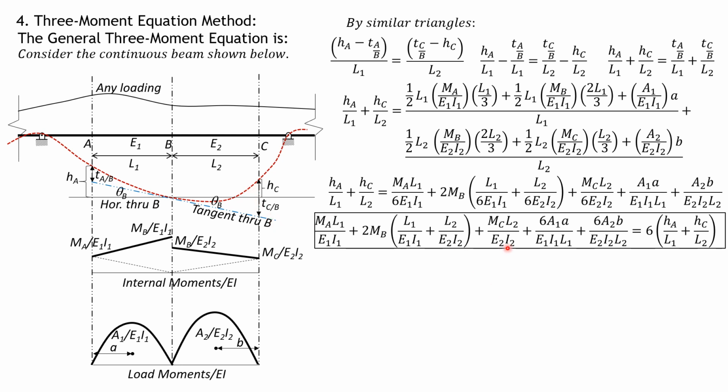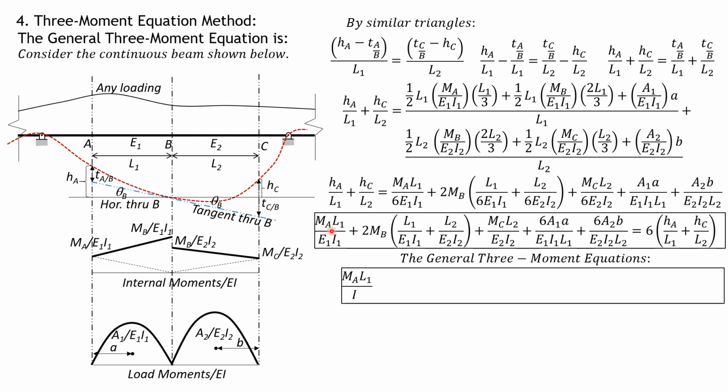So if we multiply everything by E1, which is equal to E2, which we call in general E, the three-moment equation reduces to, for the case E1 equals E2, MA L1 over I1 plus 2MB times the quantity L1 over I1 plus L2 over I2 plus MC L2 over I2 plus 6 A1 A over I1 L1 plus 6 area 2 B over I2 L2 equals 6E times the quantity HA over L1 plus HC over L2.